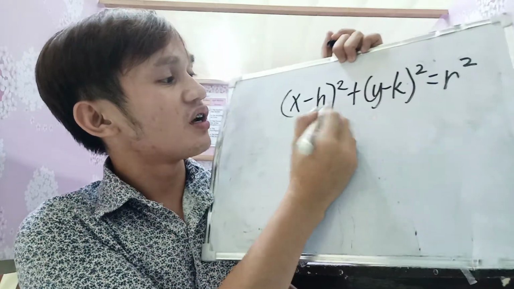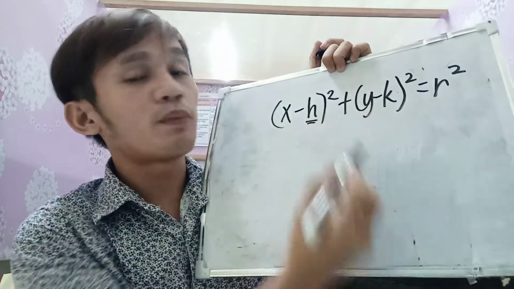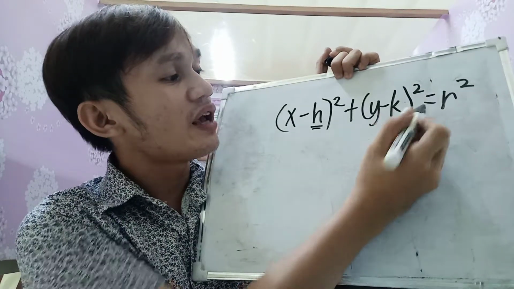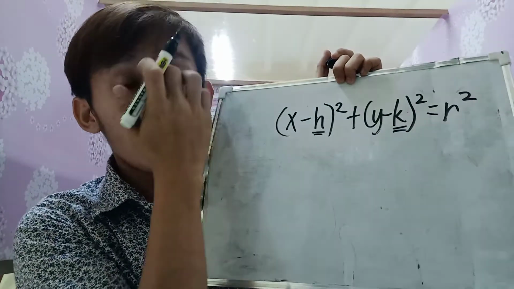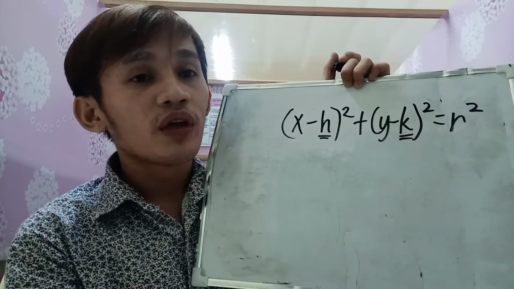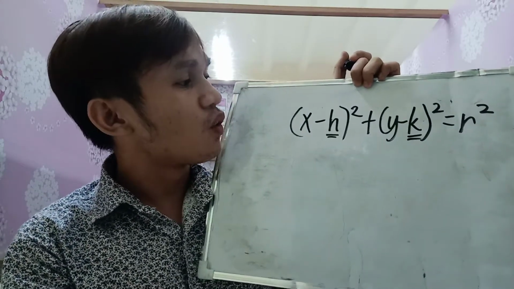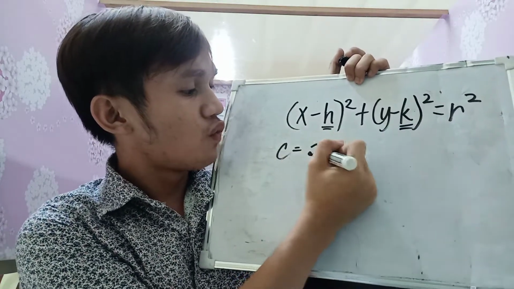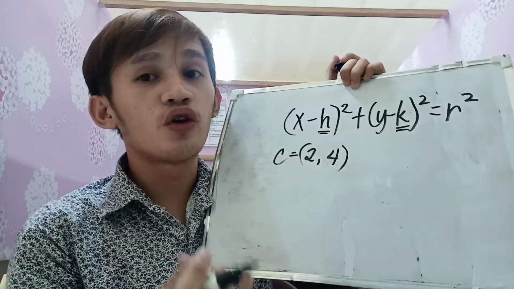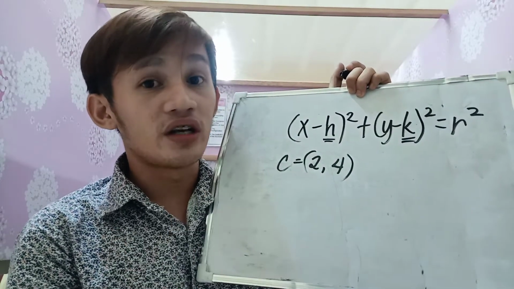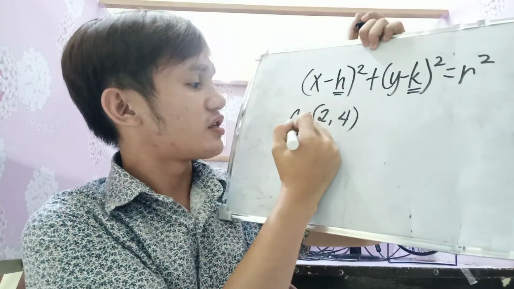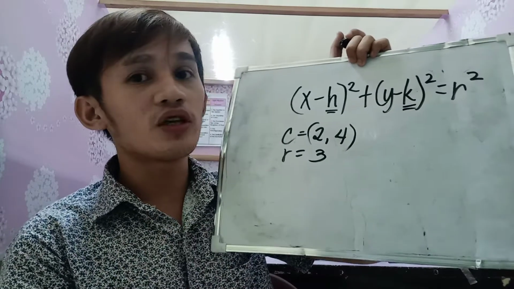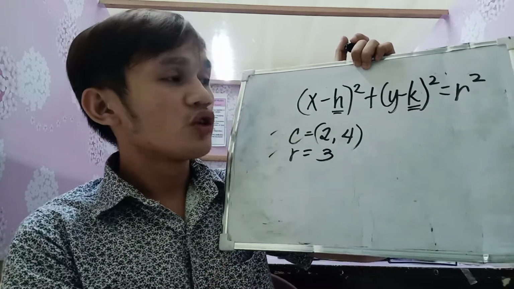Wherein h represents your abscissa, or your x-coordinate, and your k represents your ordinate, or your y-coordinate. So, for example, we have center 2, 4, meaning the center of your circle is not at the origin. And your r is, let's say, 3. You're just going to substitute the given to the formula.